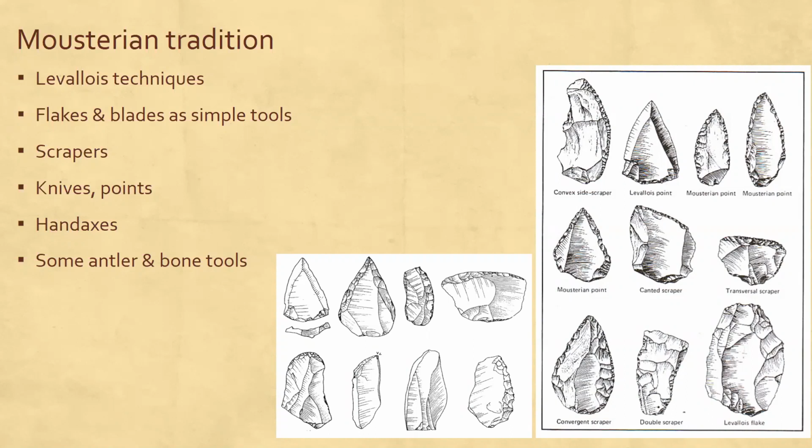So sophisticated in that there's a wider variety of tools that are used, and it's easy to produce a tool from a very particularly shaped Levallois core. As opposed to Acheulean, where quite a lot of effort is put into the reduction of a stone core into a particular tool type, the Acheulean hand axe.